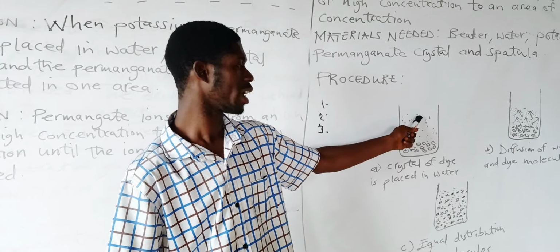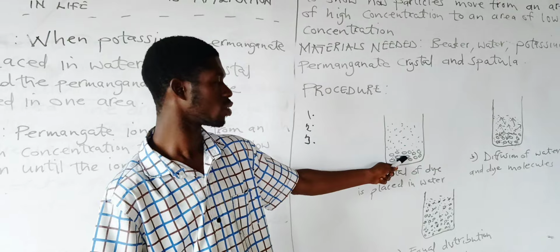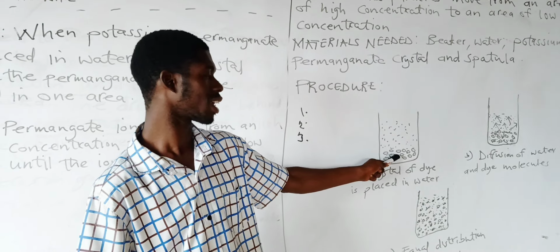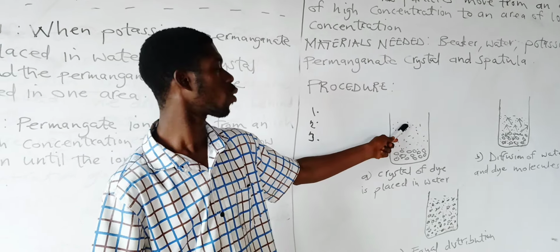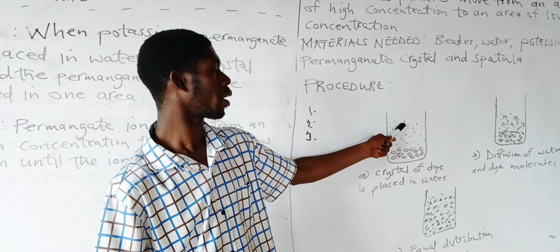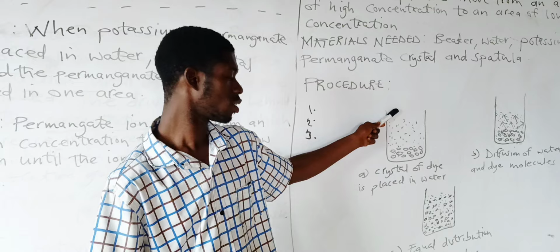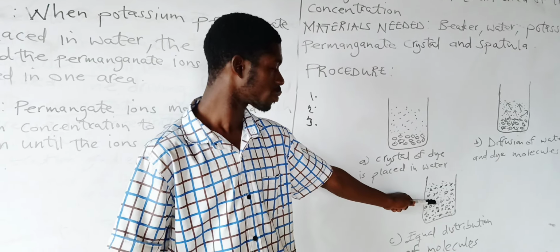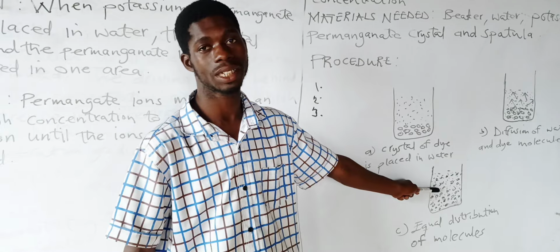Then here is lower concentrated, because you don't have any potassium permanganate crystal here. So finally, it will dissolve and it will be distributed equally inside the beaker.